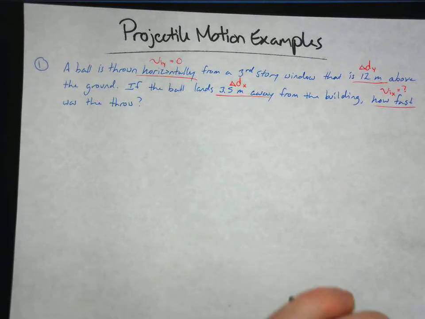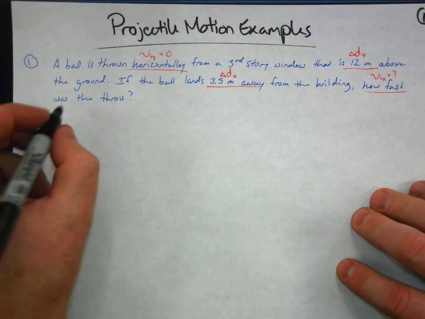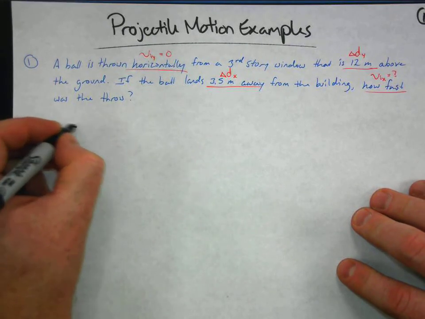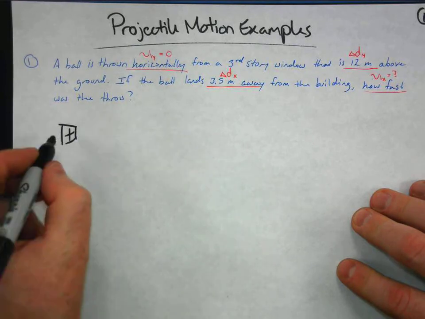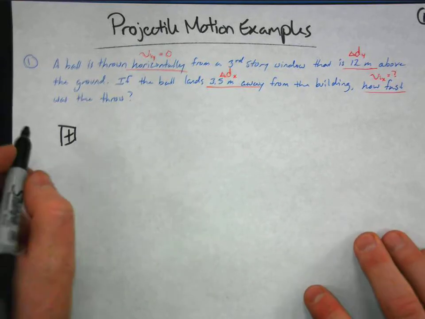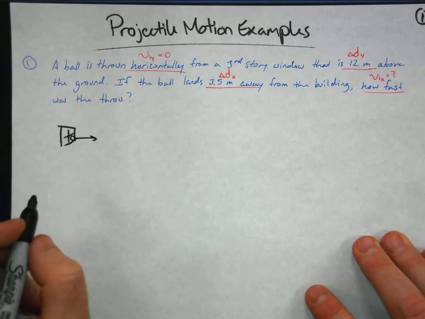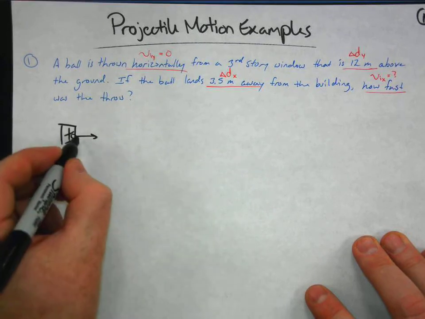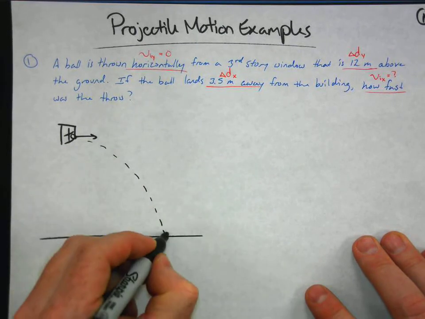Now we can start a sketch to get things going. There's going to be a window. Let's say we got the window open, even though that doesn't look like it. And a ball is thrown horizontally initially. The ball will follow a parabolic trajectory and land on the ground somewhere.